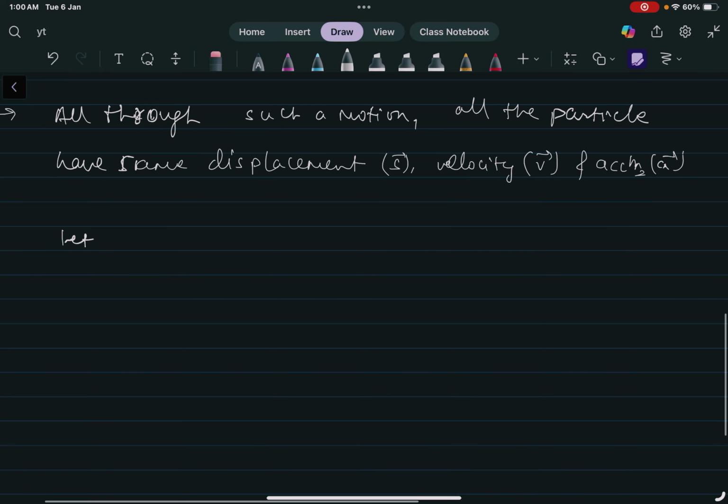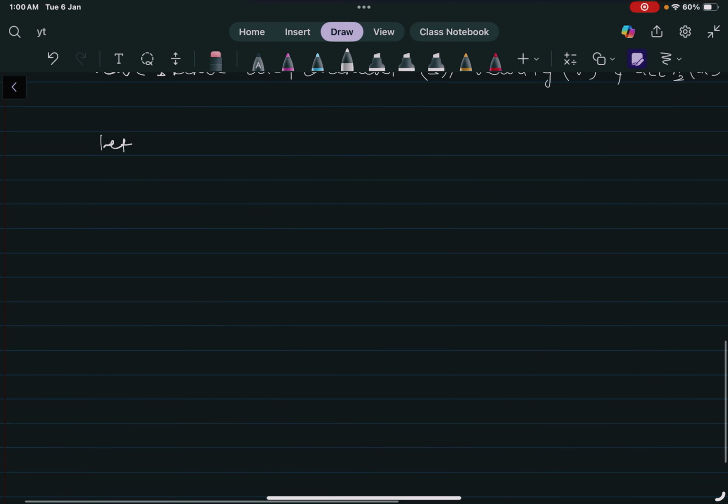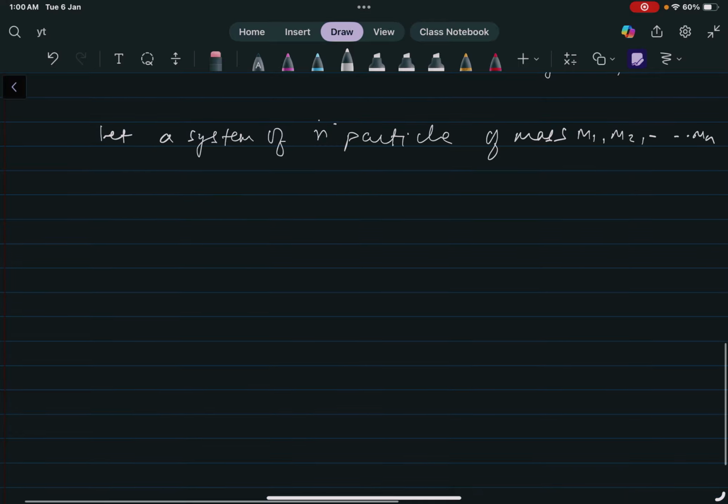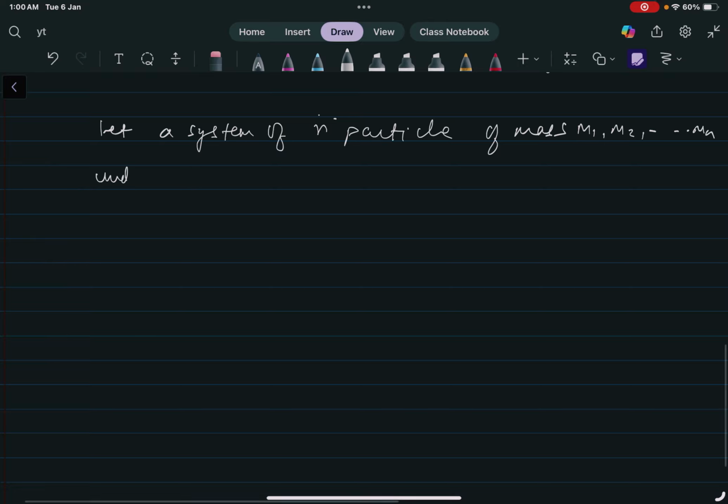Now we are discussing further. Let a system of n particles of masses m1, m2, up to mn undergo pure translation.